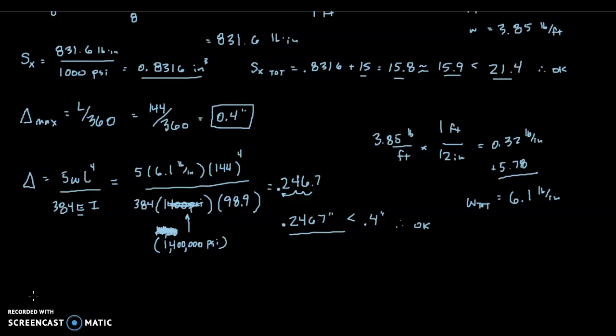And then the last thing we need to check is shear. So we have a rectangular cross-section here. When we're dealing with timber, we usually do deal with rectangles. And so the shear resistance of a rectangle is, well, let's see here.